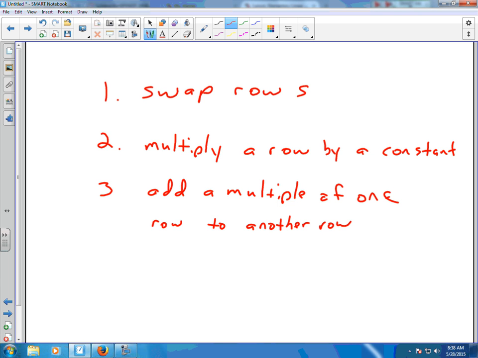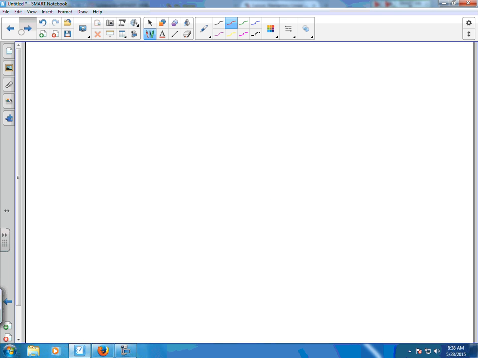So, an example of doing that, if I had x plus y equals 5, and then I had minus 2x plus 3y equals, let me think of some numbers that would work here.